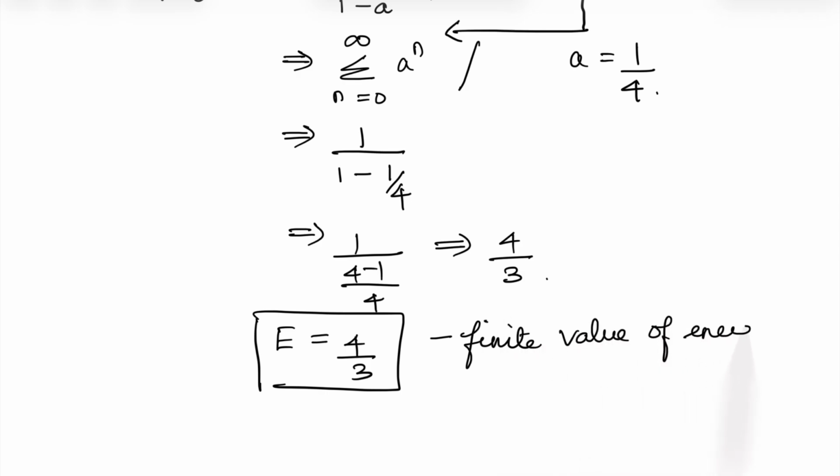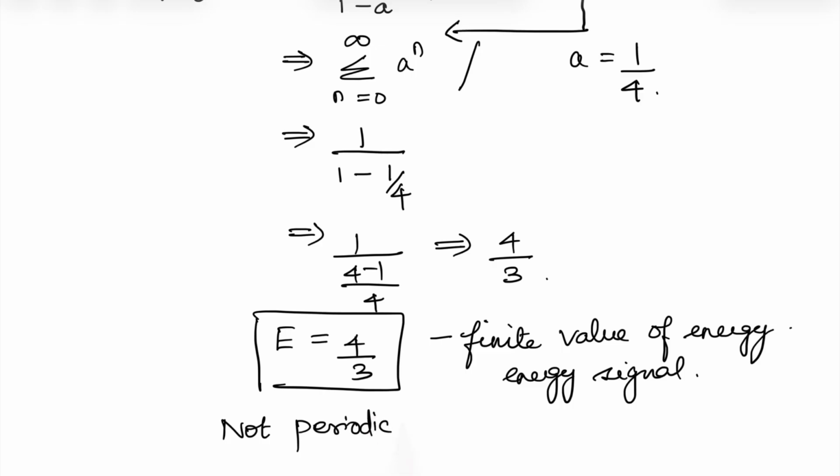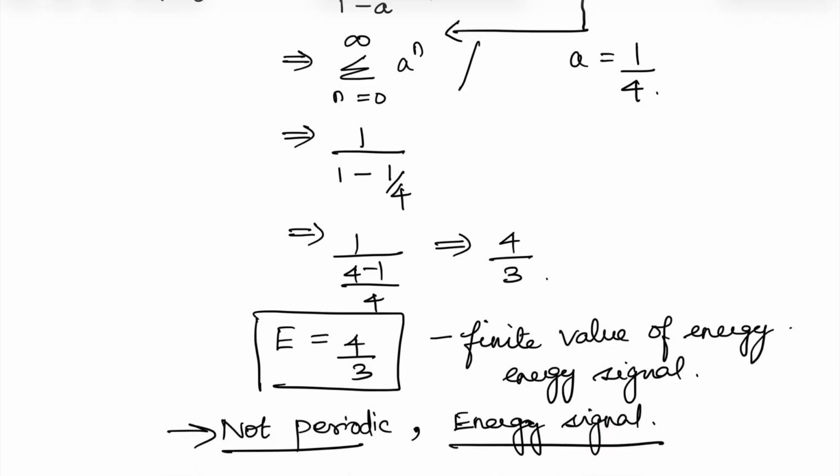Therefore the signal is an energy signal with the value E equal to 4 by 3, and this signal is not periodic. When it is not periodic, obviously it is said to be an energy signal and you need not compute the power in such a case. Since the signal is not periodic, it is an energy signal with the value E equal to 4 by 3.